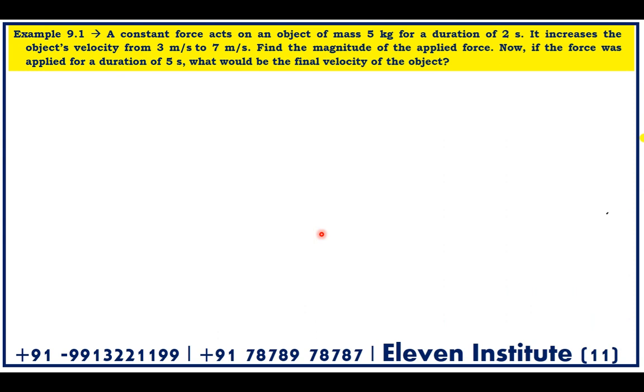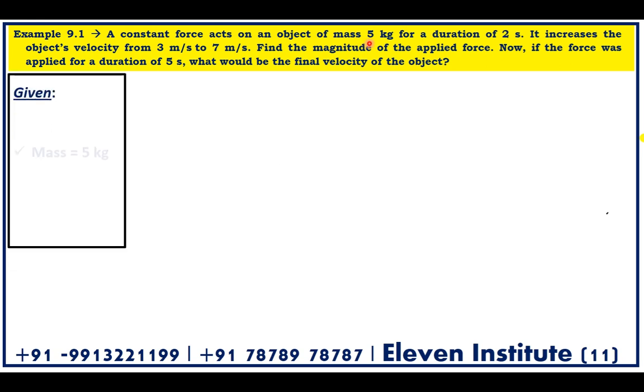So let us start from example 9.1. Let us read the question and keep noting what is given in the question in parts. A constant force acts on an object of mass 5 kg. So we shall stop over here and write that mass is 5 kg for a duration of 2 seconds. So we shall write time is equal to 2 seconds.